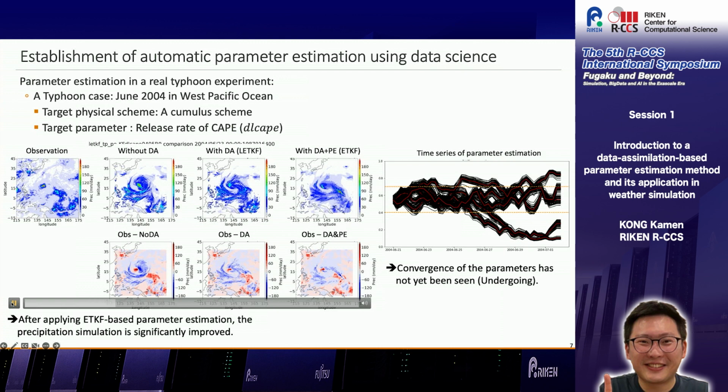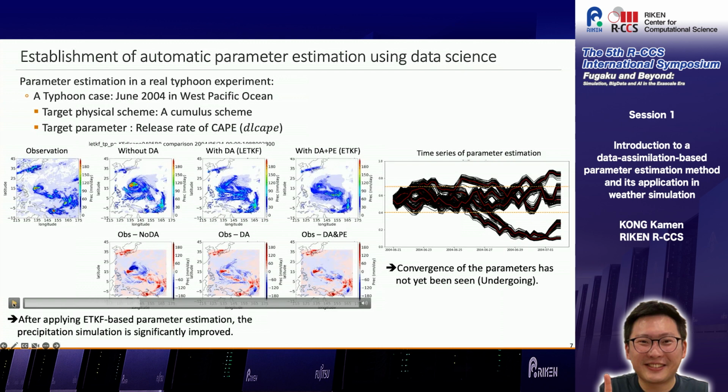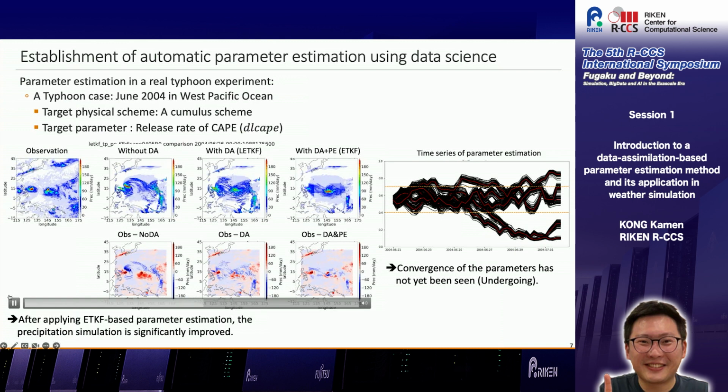This figure shows the simulated precipitation without data assimilation, with data assimilation, and with data assimilation and parameter estimation. Finally, after a few data assimilation cycles, we can see that the simulation result with data assimilation and parameter estimation is very close to the observation.